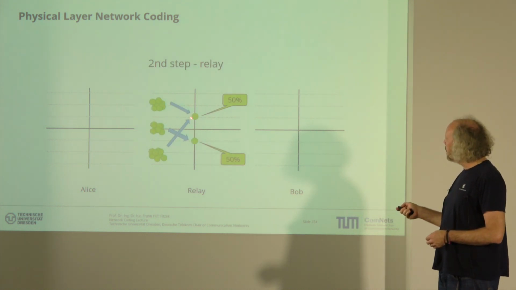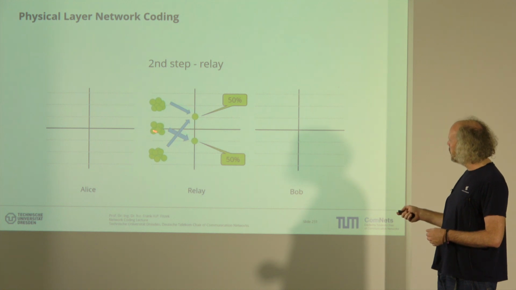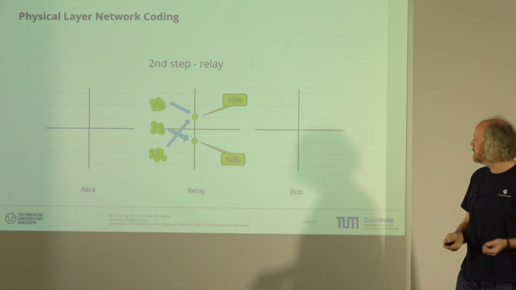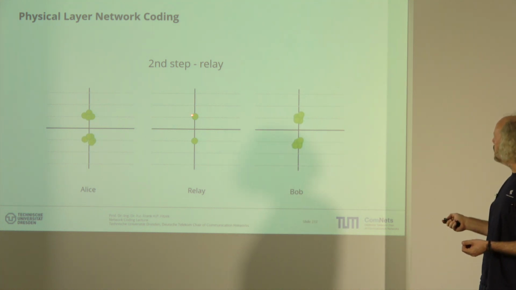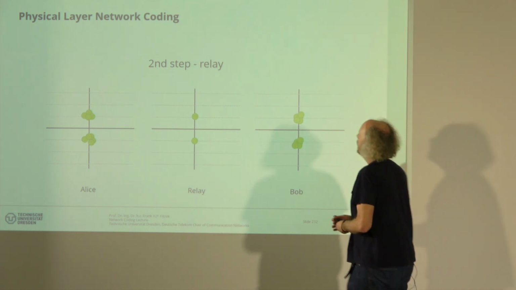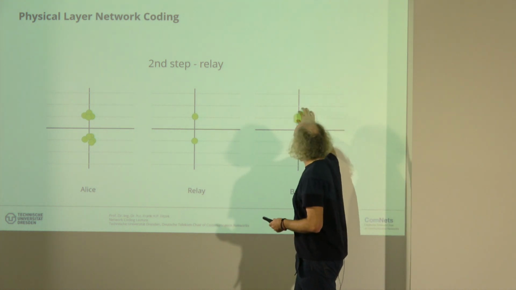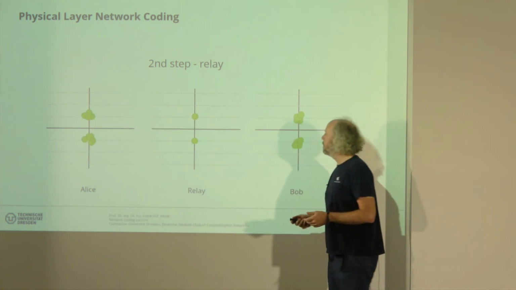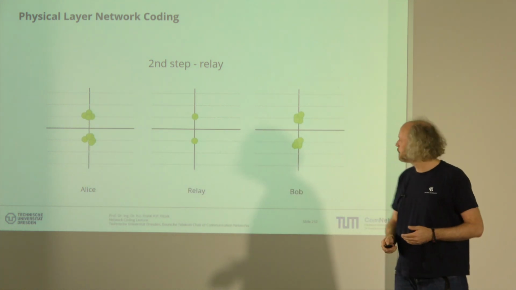I said already we need to map the highs, +2 and -2, to the +1 and the 0 to a -1. Then we have a 50-50 occasion that this happens. And when we send this out, you get again a little bit of noise here. When you send this, you will receive this here, and if you send this, you will receive this on that side. So the same for the lower part.